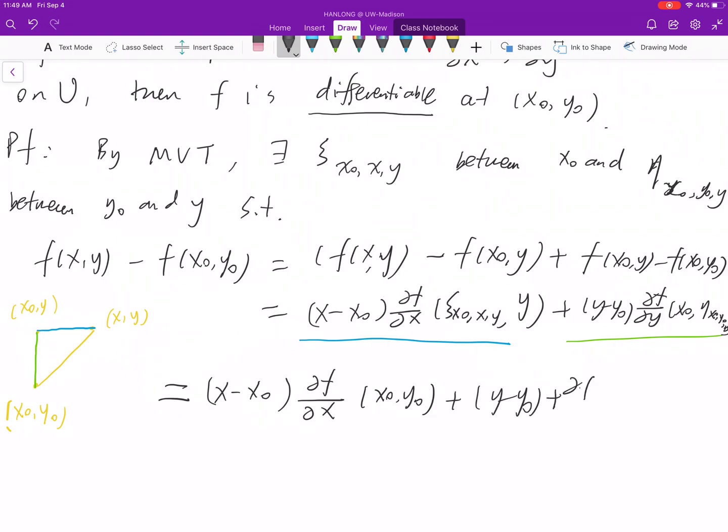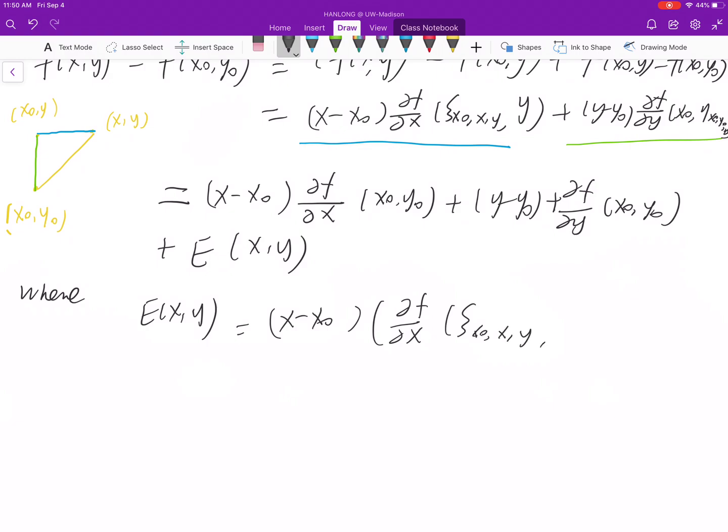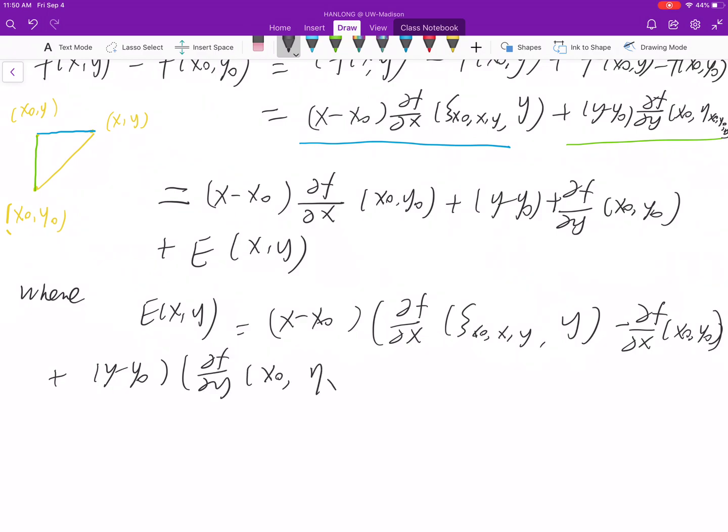This linear function is the differential, and then of course you have an error term. The error term is given by (x minus x0)[partial f partial x at (c_{x0,x,y}, y) minus partial f partial x at (x0, y0)] plus (y minus y0)[partial f partial y at (x0, eta_{x0,y0,y}) minus partial f partial y at (x0, y0)].